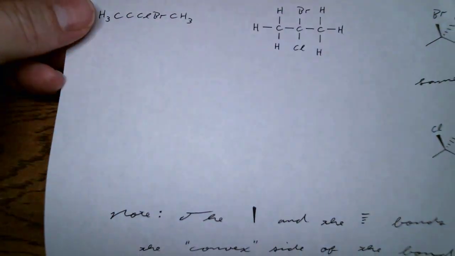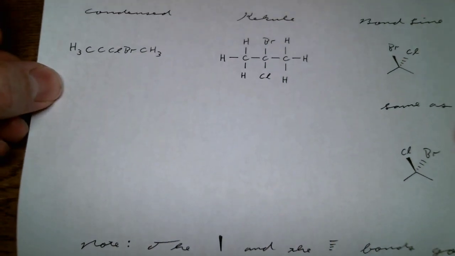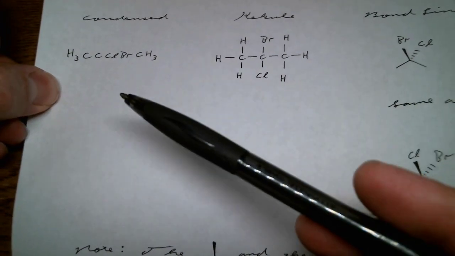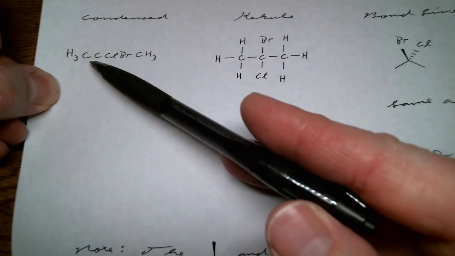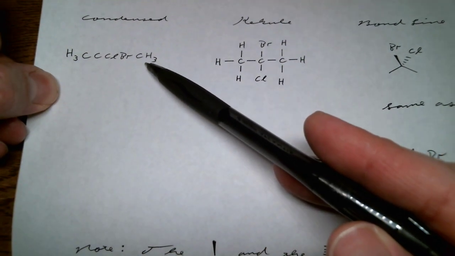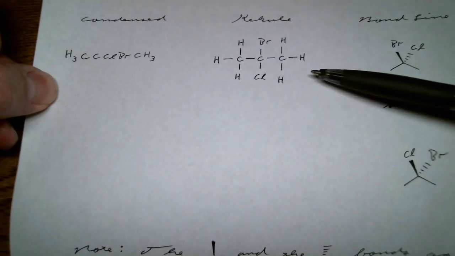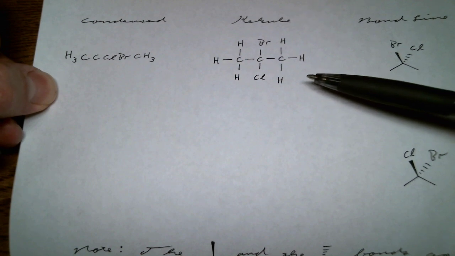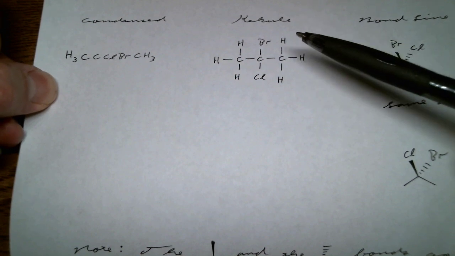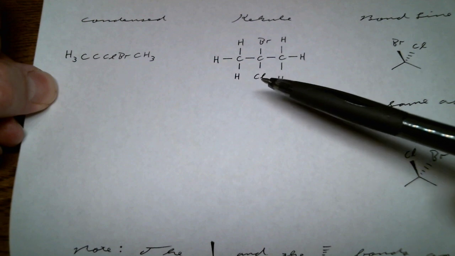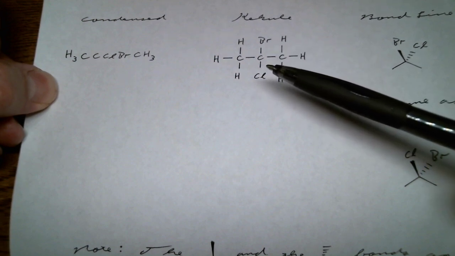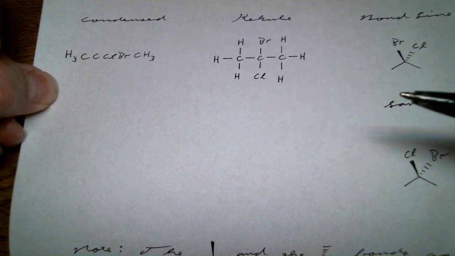One last set of examples and that will be it for this video. So in our final set of examples we have a condensed formula of H3CCClBrCH3. We could draw a Kekulé structure as follows, where we put both the chlorine and the bromine on the central carbon in this molecule.